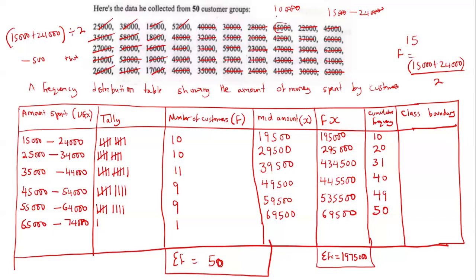How about if we say we minus 0.5 from 15,000? Okay. And what do you get? Let me first calculate. I think we get 15.